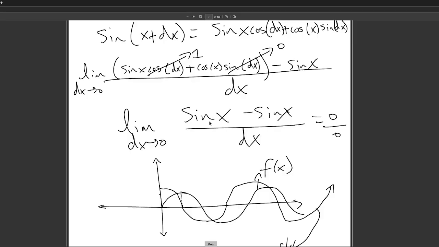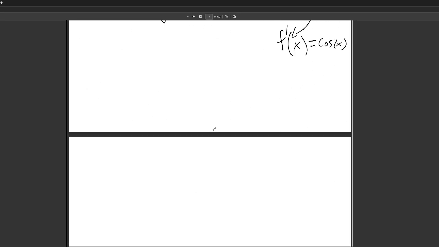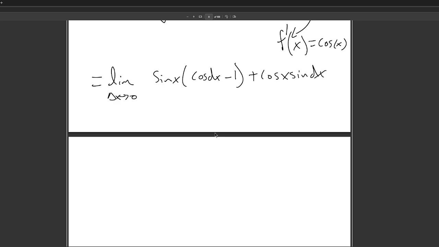Just keep that with you and stare at it. Now I'm just going to rearrange some things. So it just turns into the limit as delta x approaches 0 of sine x times cosine dx minus 1, plus cosine x sine dx. Do you see what I did?